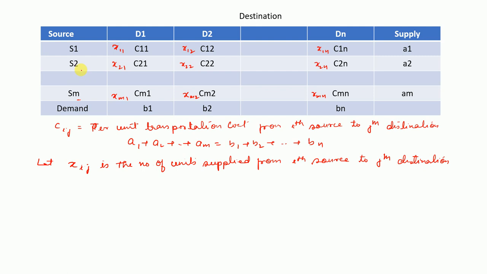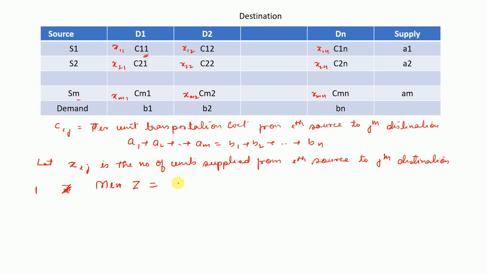Now, how can we write this as a linear programming problem? For this we have to write the objective function. The objective is to minimize the total cost. So minimize z equals x11 times c11, where c11 is the per unit cost of transportation from S1 to D1 and x11 is the number of units.